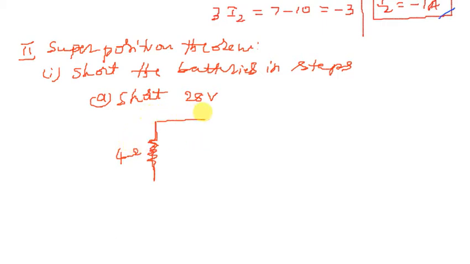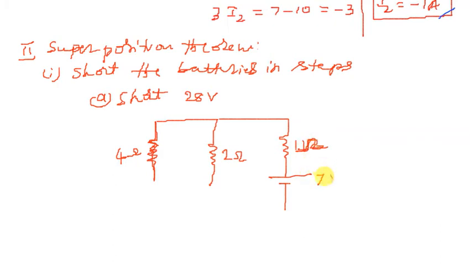And here is the middle one, middle is 2 ohm resistor, and here I am having a 1 ohm resistor along with a battery of 7 volt, right? That is 1 ohm and this is 7 volt, and these things are connected together. This is how I have to make, and here should be that battery, but it is now short circuited.